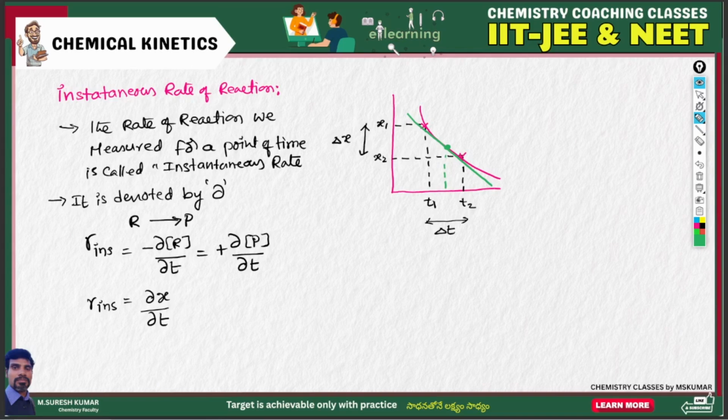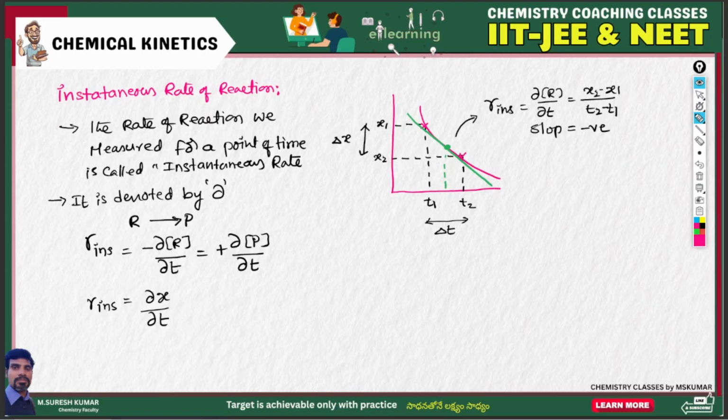Then the instantaneous rate, R_ins, is equal to change in concentration of reactant dou R by dou t, equal to x2 minus x1 by t2 minus t1. Here the slope of the graph we got is negative.